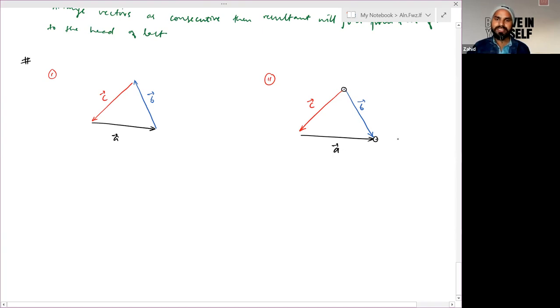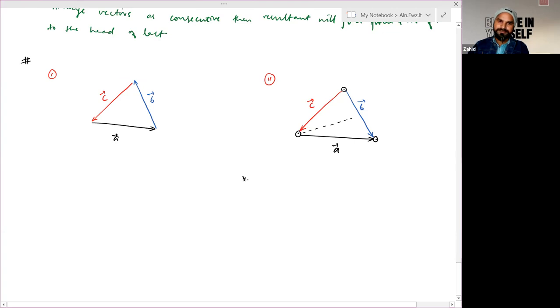This is a point which has two heads, and this is a point which has a head and tail combination. So if all vectors are not arranged in the same manner, then choose a point which has a head and tail, then the opposite of that point will be the resultant.